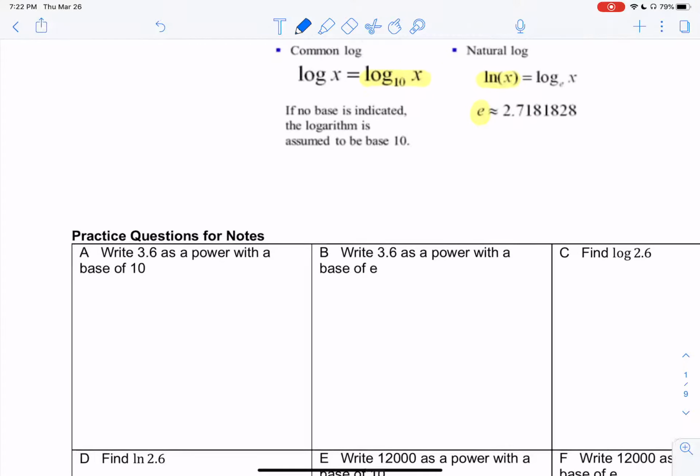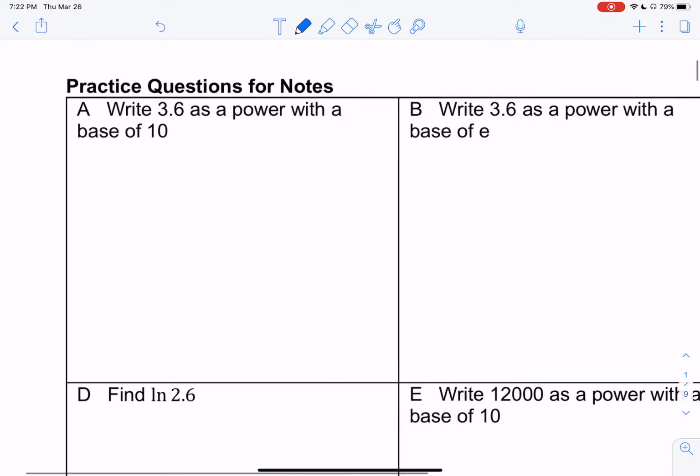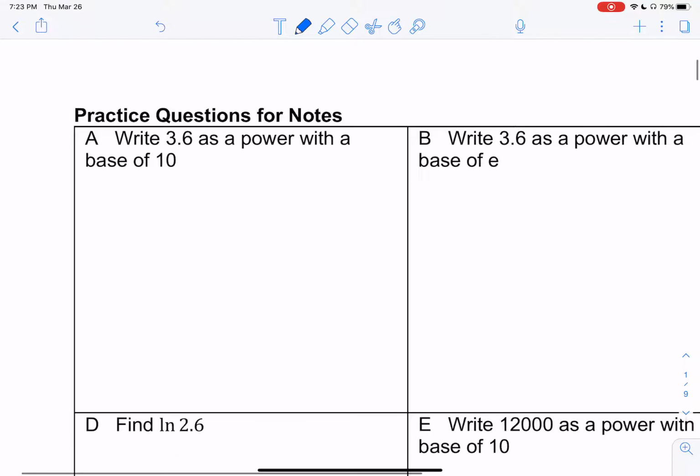I'm going to look at the first practice question, A. It asks us to write 3.6 as a power with a base of 10. So write that as a log with base 10 and figure out what the value is.